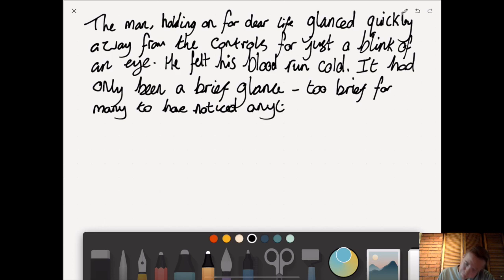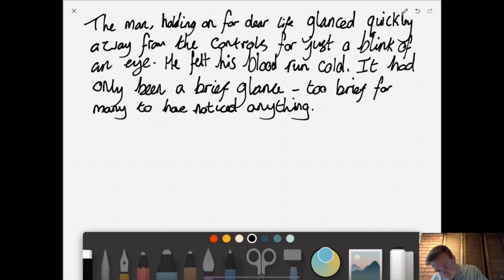And then I'm going to build up a bit of mystery about my character. Too brief for many to have noticed anything, but this man. Don't want to start with but there. This man. And then I'm going to transition out to very short sentences. Okay, this man was not anybody. Was not too brief for many. This man was.